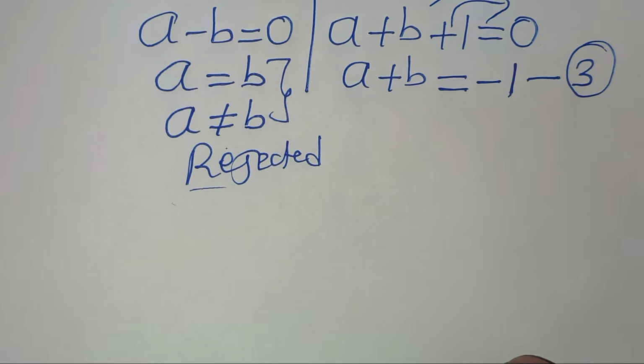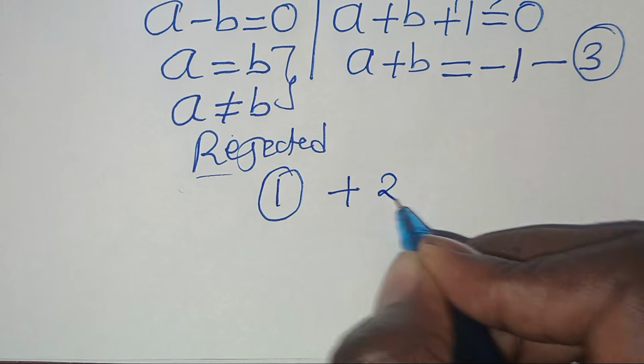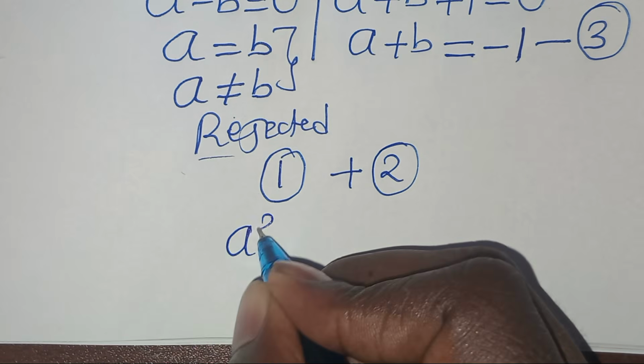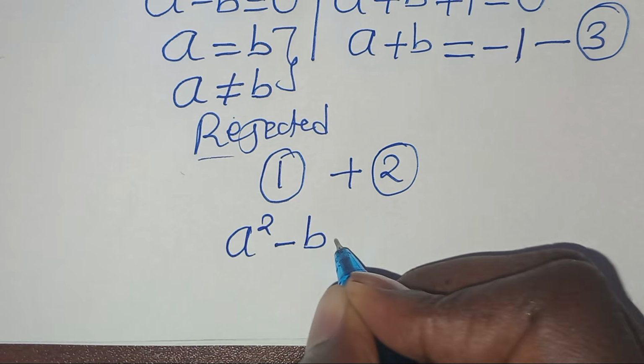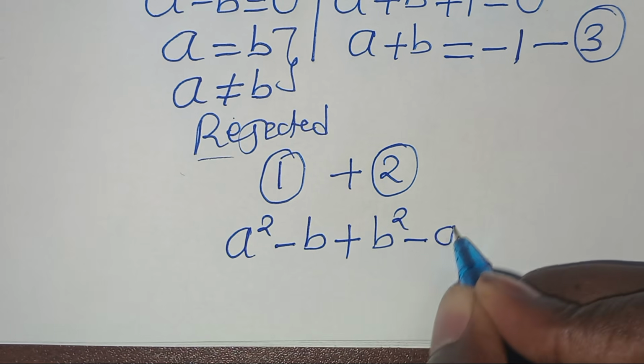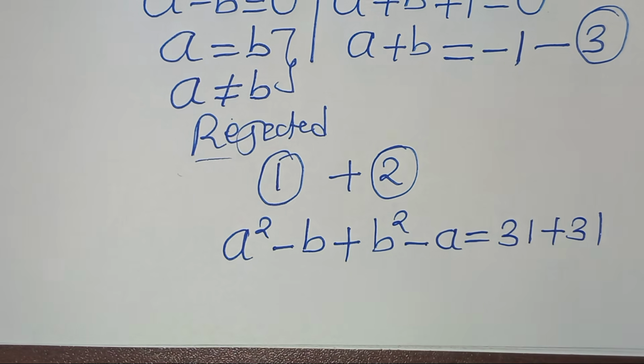Now the next step from here is to add equation 1 plus equation 2. So we have a squared minus b plus b squared minus a, equal to 31 plus 31.